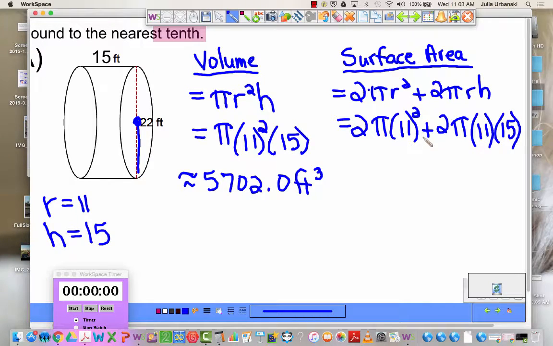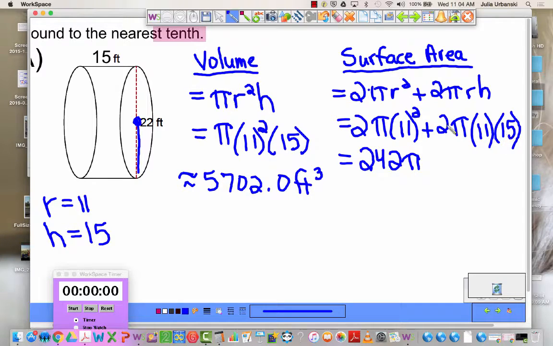Okay, if you do it with this formula, it's as easy as yesterday because all you're doing is plugging things in. All right, PEMDAS though, it's always going to give you a better answer if you put pi at the end. So let's just do 11 squared times 2. Tell me what that will be. Just do the numbers. Ignore the pi to the end. Thank you. 242 pi.